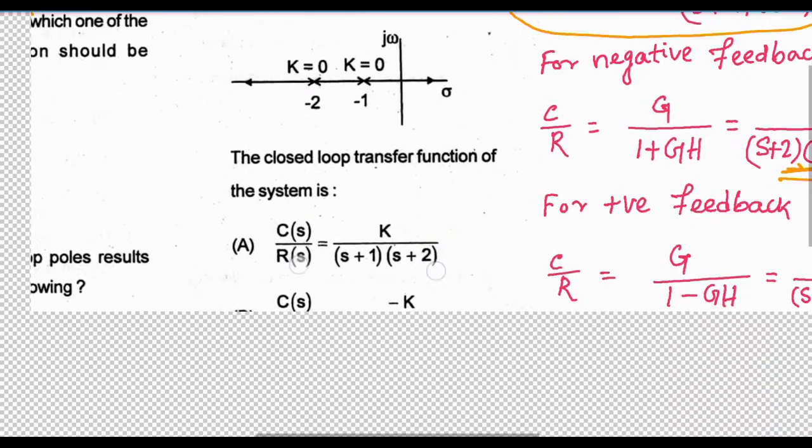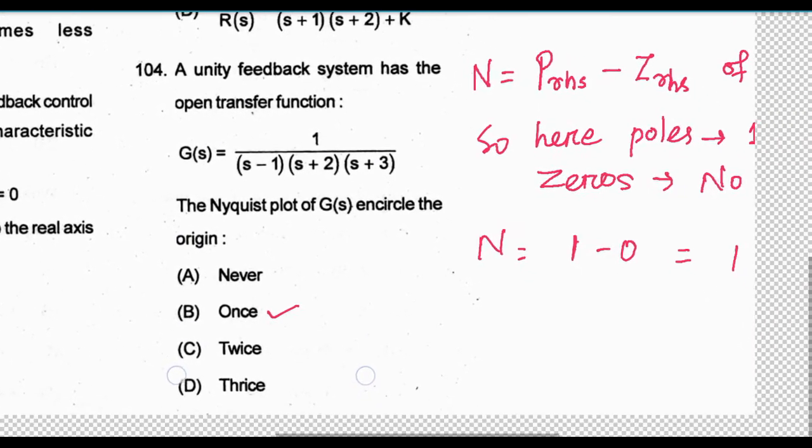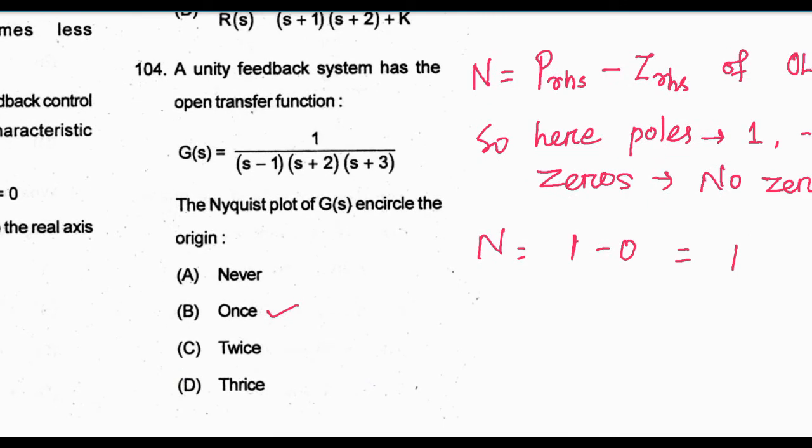So the next question is 104. A unit feedback system has the open loop transfer function G(S) equal to 1 by (S minus 1)(S plus 2)(S plus 3). The Nyquist plot of G(S) encircles the origin. The number of encirclements by the Nyquist plot is given by the number of poles in the right half minus the number of zeros in the right half of the S plane.